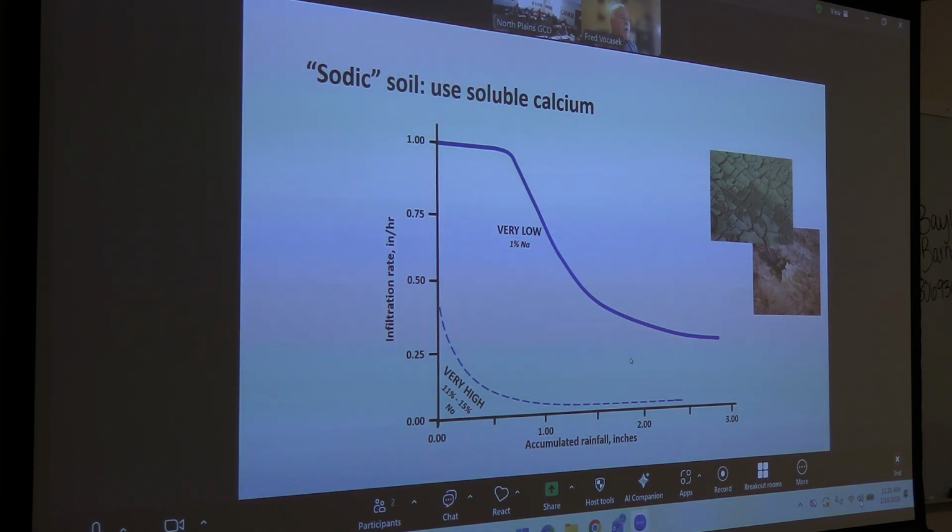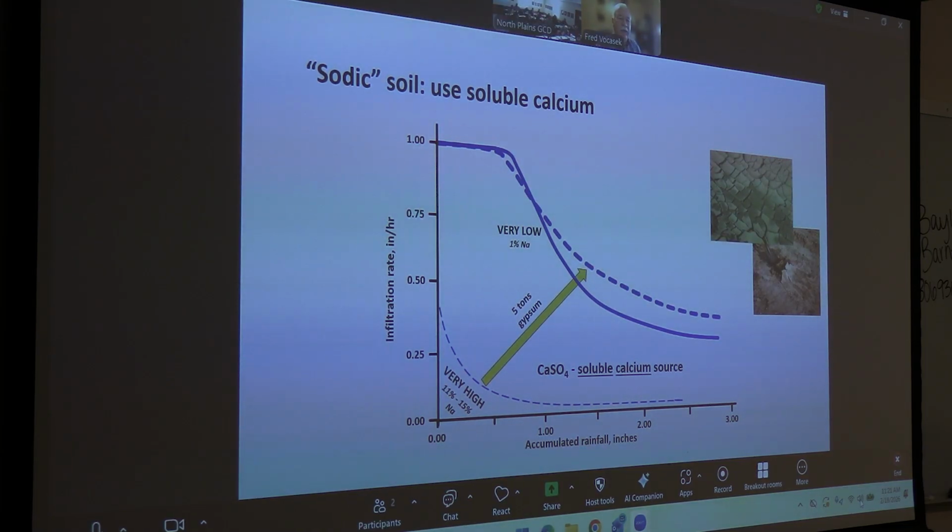Now, to adjust this, when we have excess sodium, you'll hear people using gypsum. Gypsum is calcium sulfate, and it's a somewhat soluble salt. We're after a soluble calcium source, okay? You could use calcium chloride or calcium nitrate. We're after the calcium. What happens is calcium and magnesium cause soil particles to clump together in those aggregates. The sodium breaks them apart.